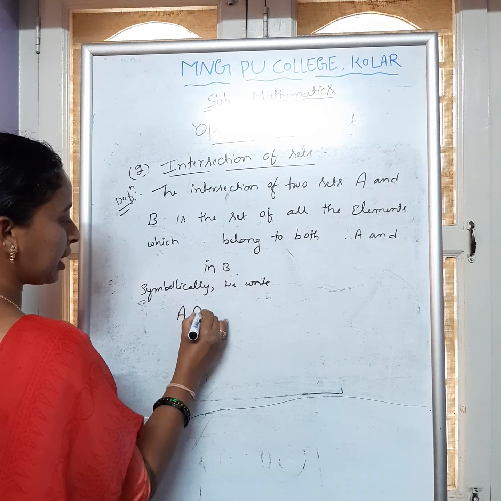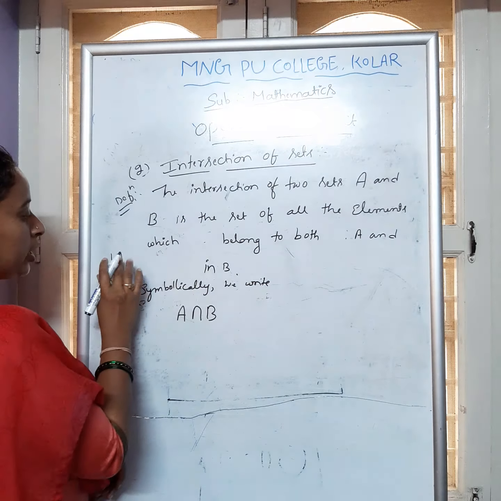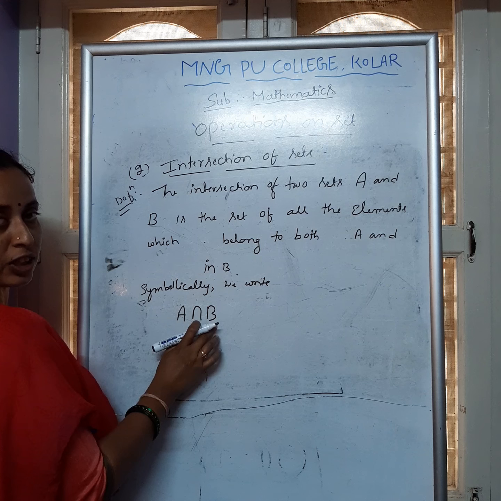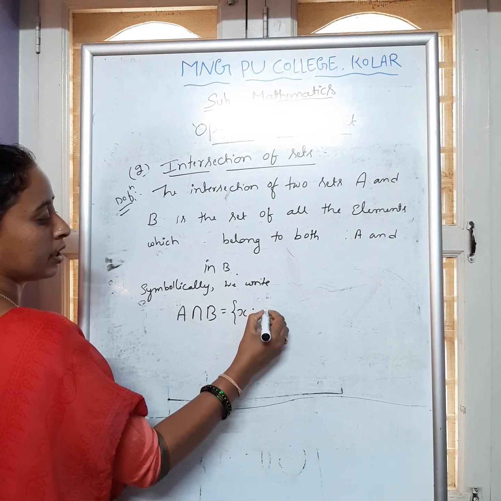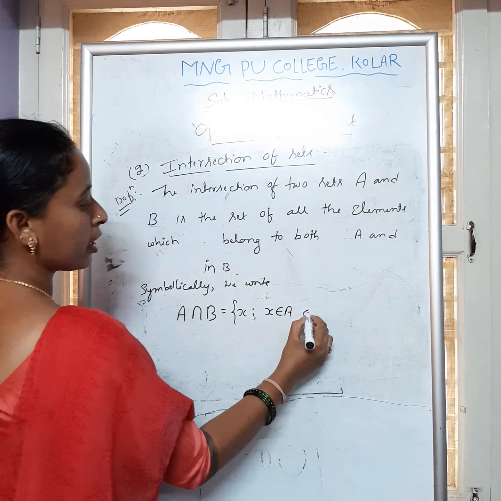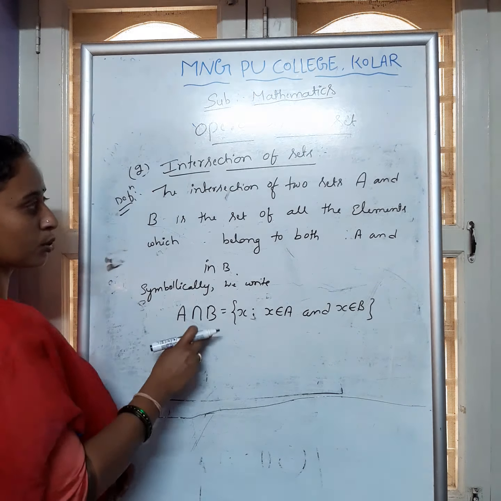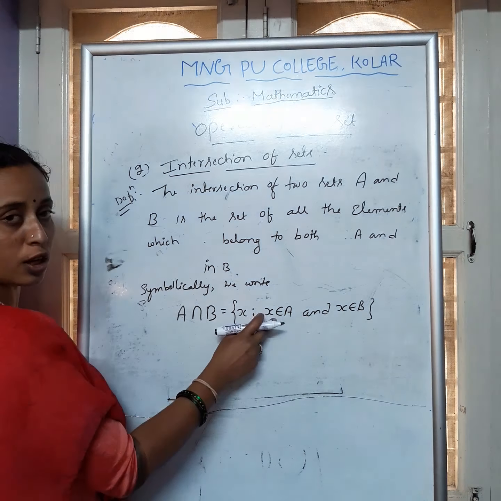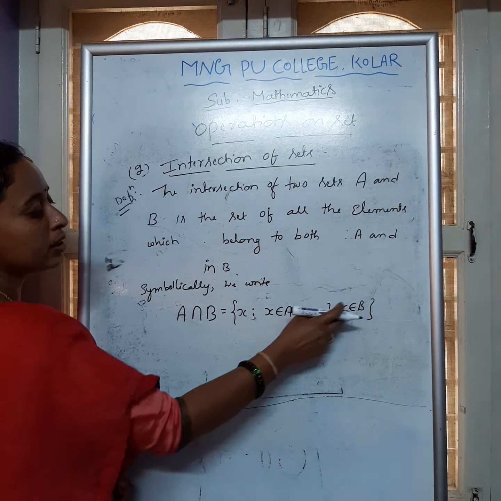This can be denoted A intersection B. This is the intersection, this is union. We read this as: A intersection B equal to X such that X belongs to A and X also belongs to B.